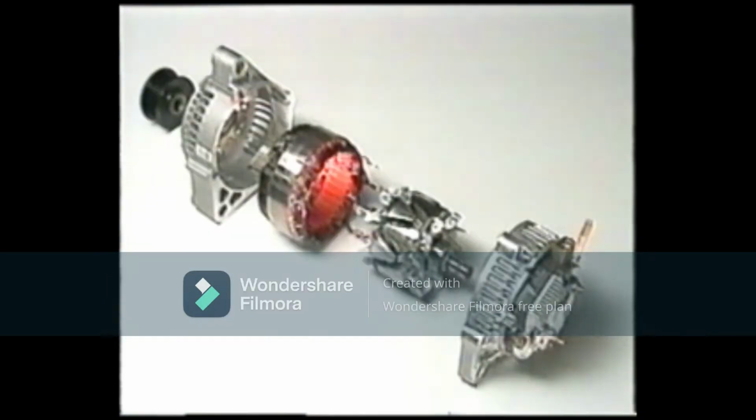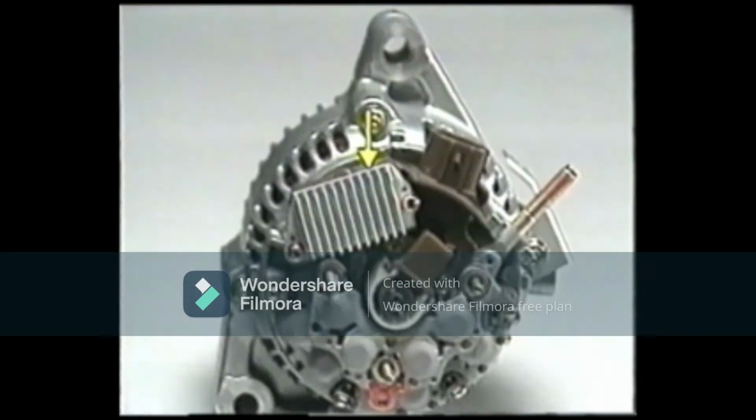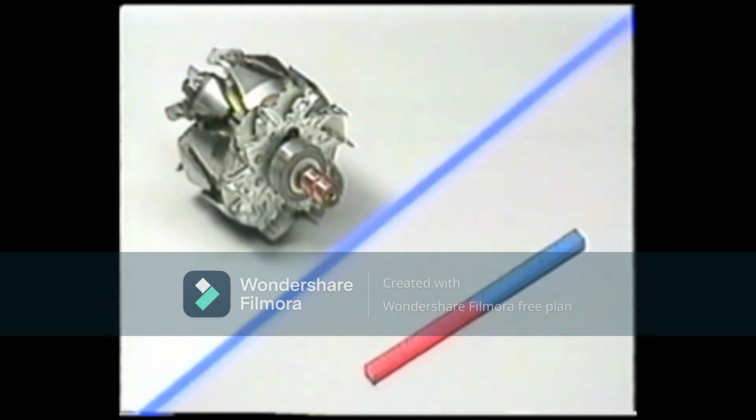The alternator consists of a pulley, frames, a stator, a rotor, an IC regulator, and a rectifier. The last 2 parts will be discussed later. In the alternator, the rotor corresponds to the magnet you saw in the experiments.